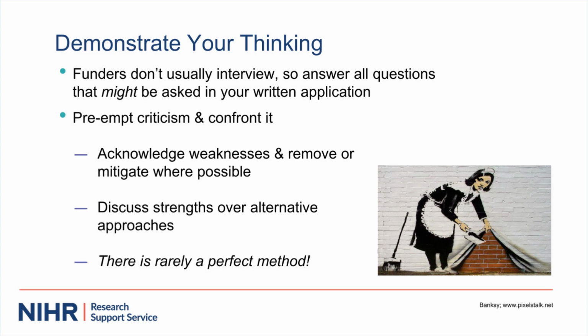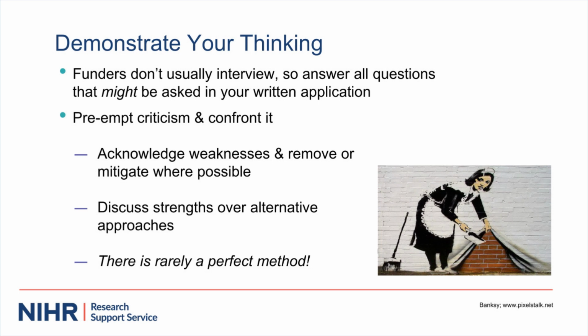And we had some examples of defensive arguments yesterday. It's worth discussing strengths over alternative approaches in terms of study design and methods, especially if they are perhaps not the immediately obvious design or method that you're hoping to follow.